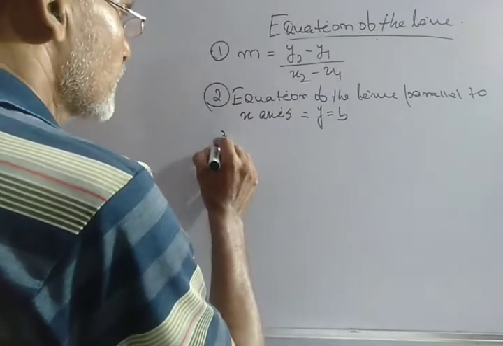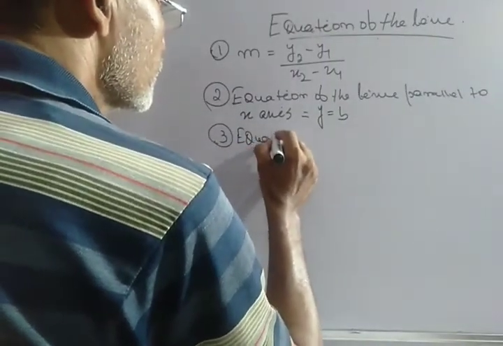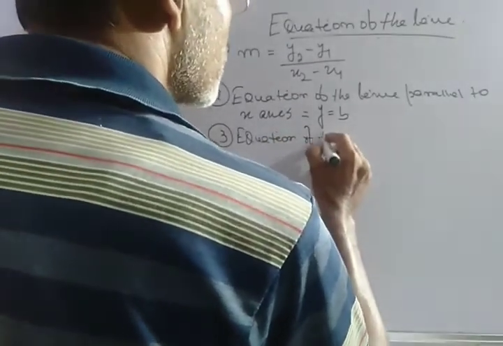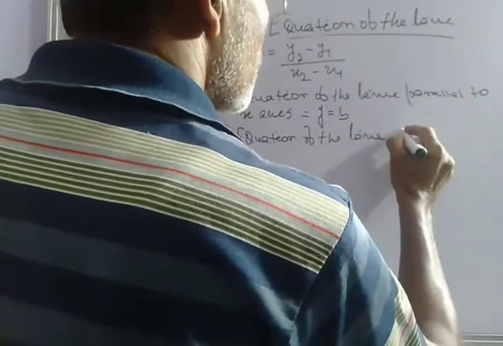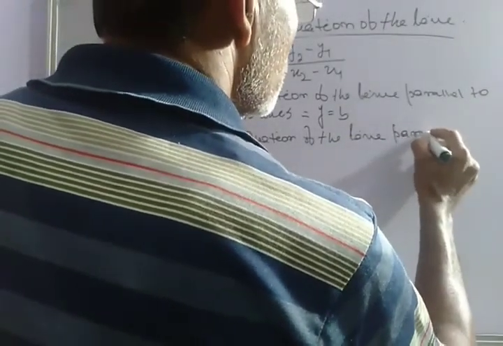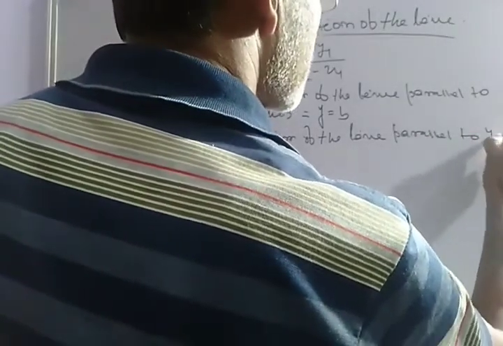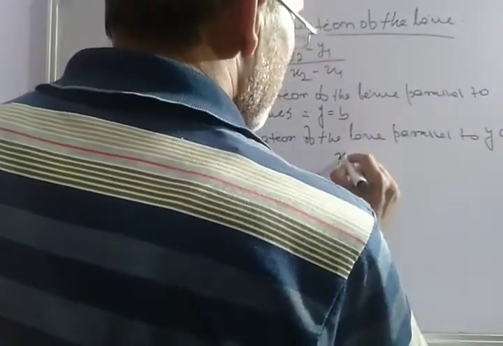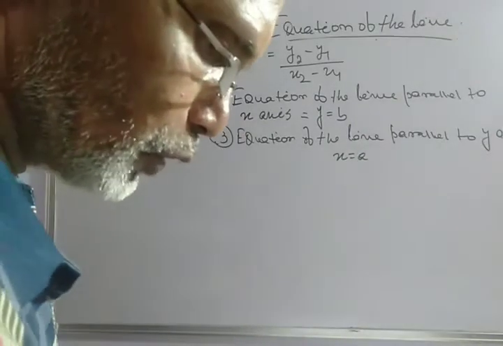Then the third one is the equation of a line parallel to the y-axis, that is x is equal to a. x is equal to something, that is x equal to a.